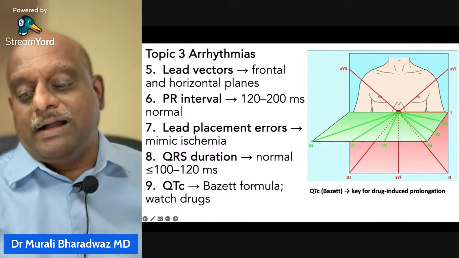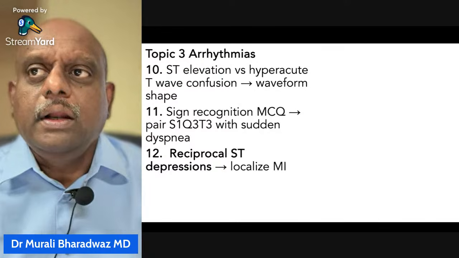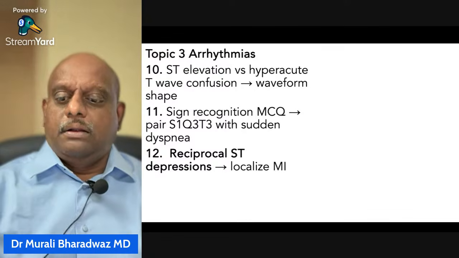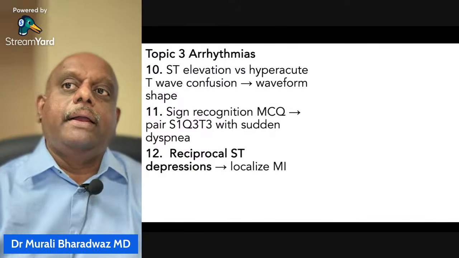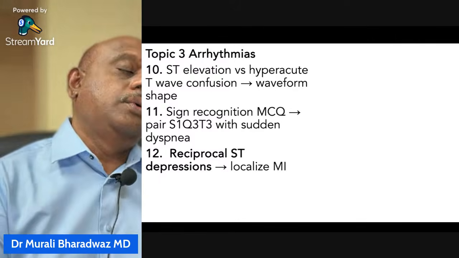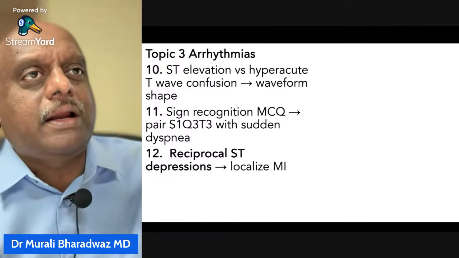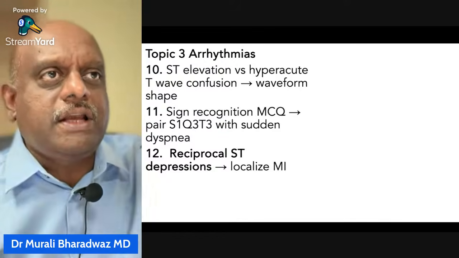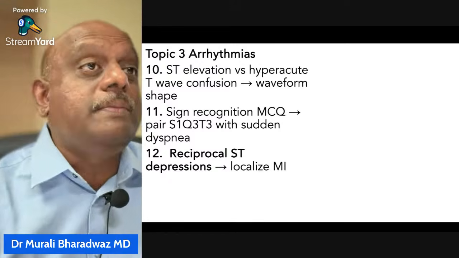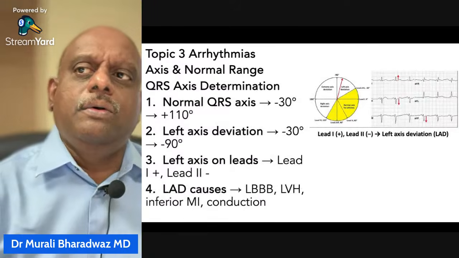Bazett's formula is what we need to remember. Now, we need to know that two things are the markers of MI. One is ST segment elevation, the other is the hyperacute, asymmetrical hyperacute T wave, is what you need to remember.